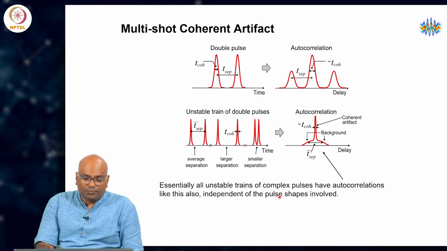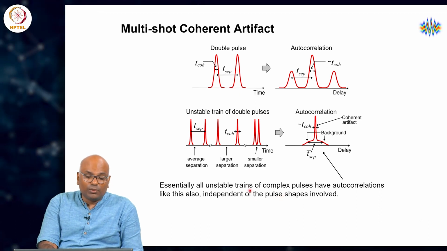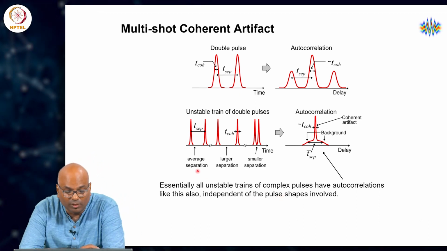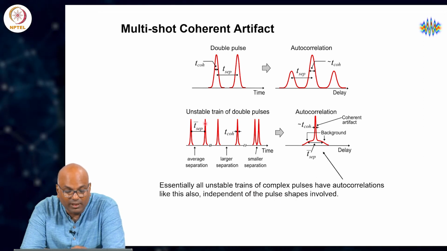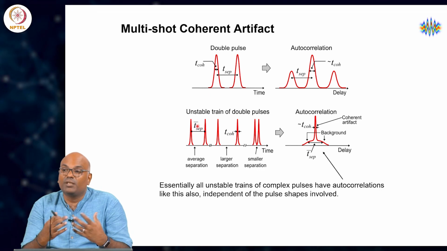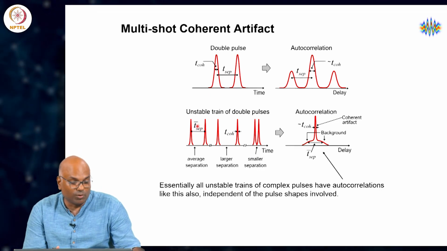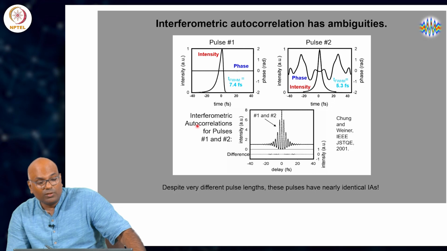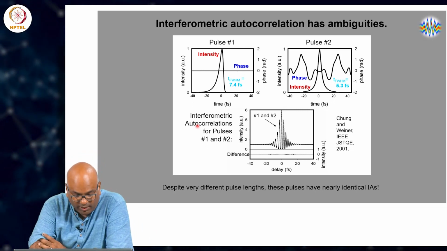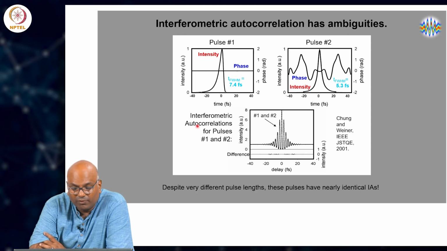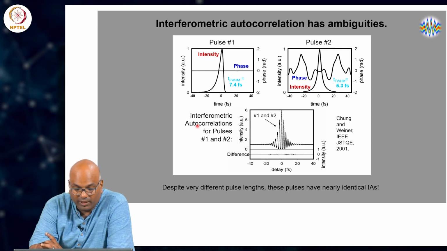So, there are other issues like double pulses and mistaking unstable trains of pulses from lasers and misinterpreting autocorrelations from such sources, right. So, the interferometric autocorrelation problem itself has several ambiguities, right.